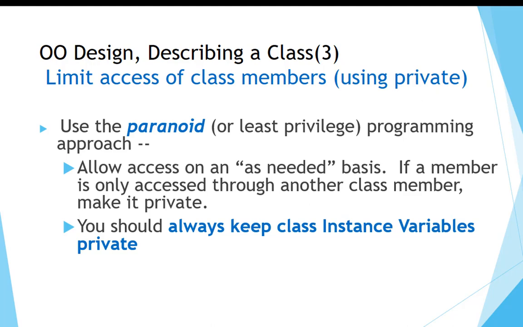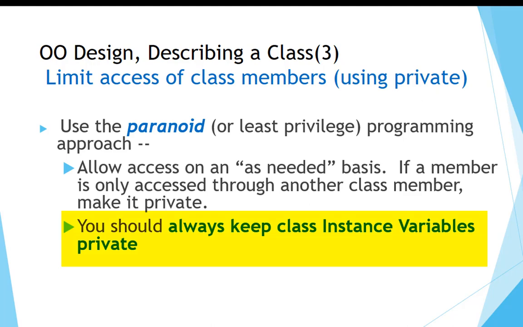So we need to carefully consider which members of our class really need to be directly accessed from the application using our class objects. Think paranoid. We are restricting access as much as possible so that our class components never get corrupted.